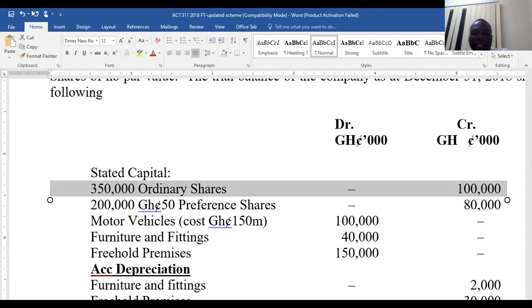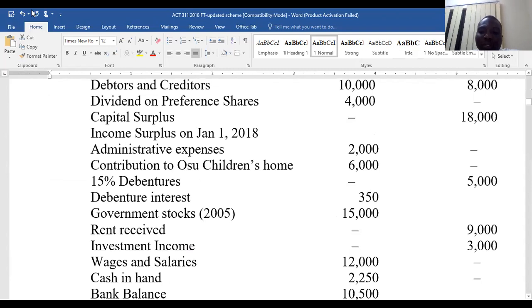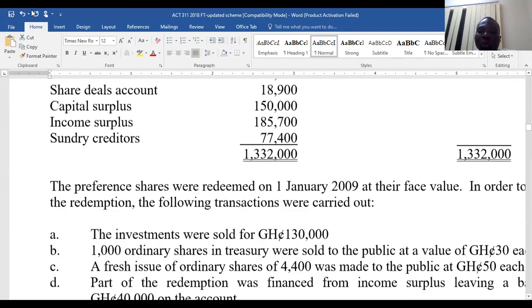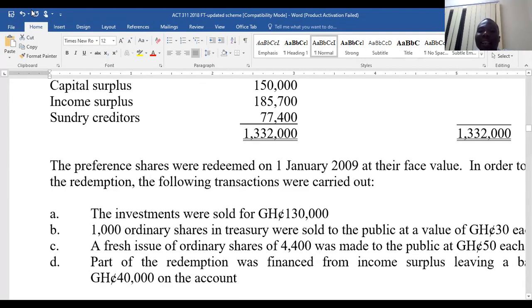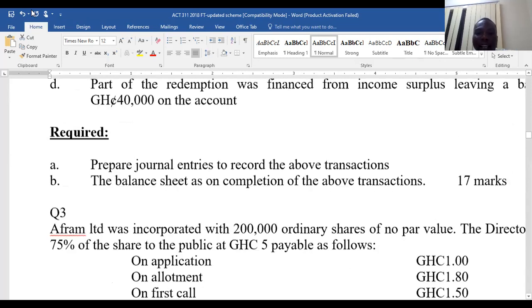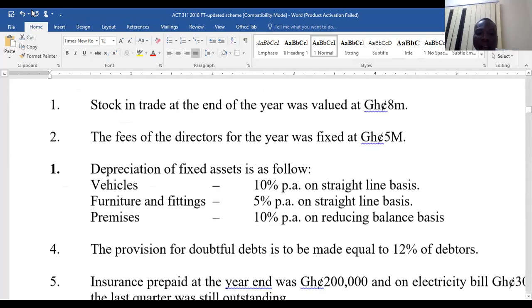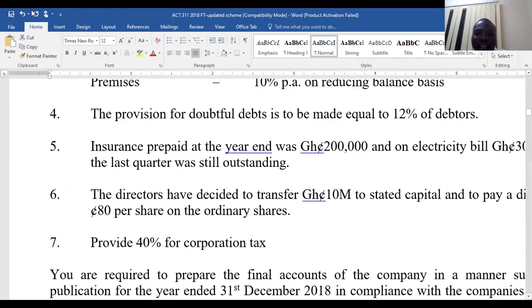But bear in mind, in the income surplus, the directors have decided to transfer 10,000 to stated capital.